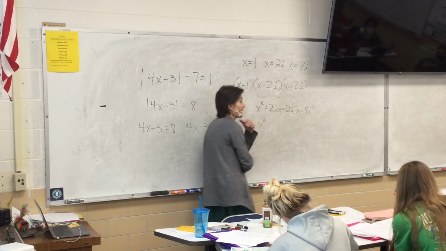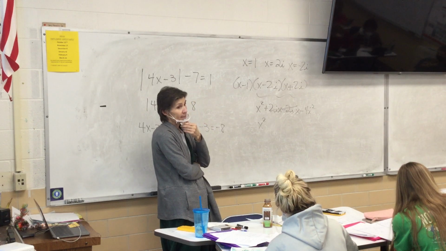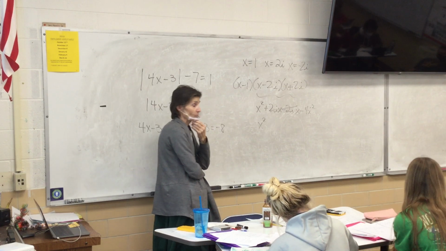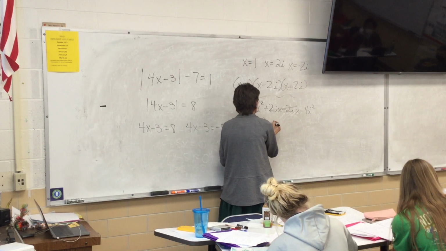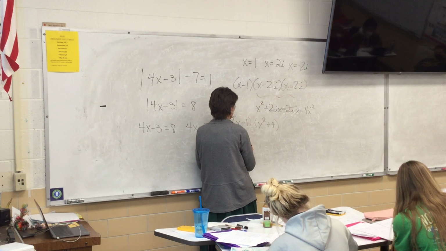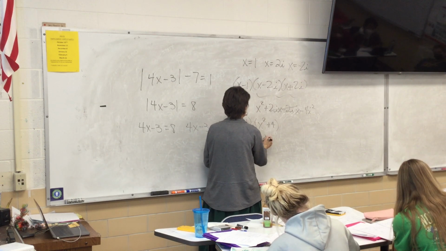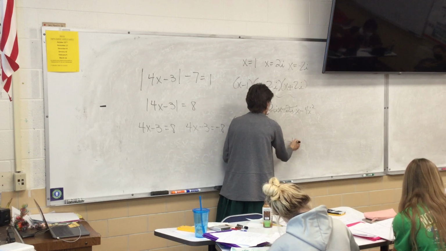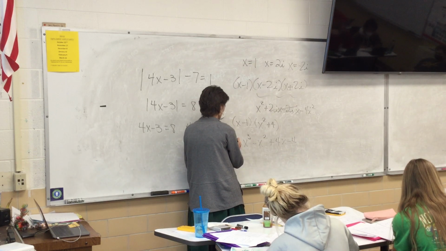Remember that i squared is negative 1. So that's really just x squared plus 4 times our x minus 1. And there is your polynomial.